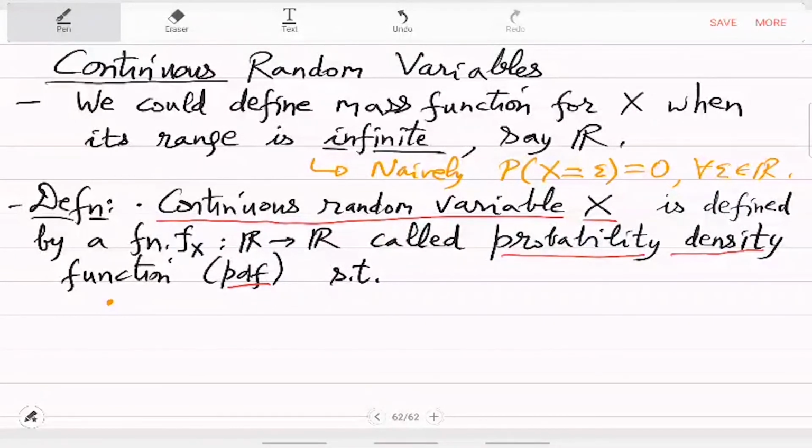I'll put the big X also, and then for all a, b, the probability that x is in the interval a comma b, that is given by an integral.